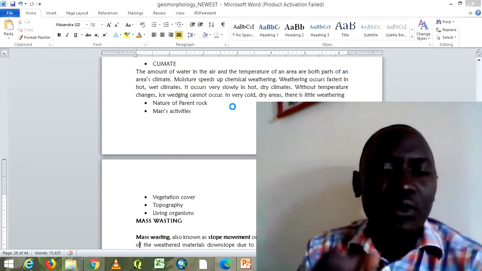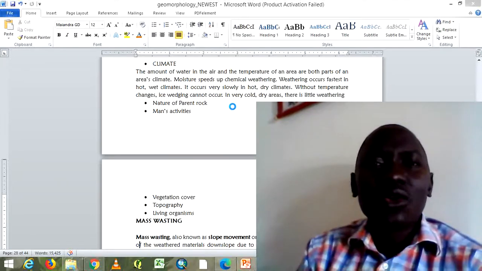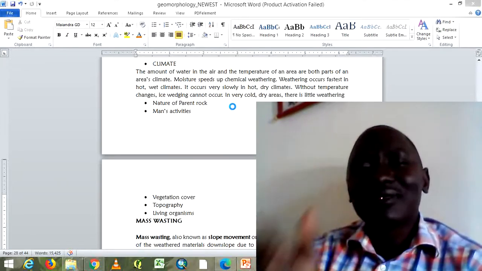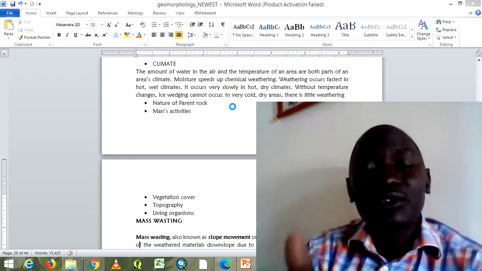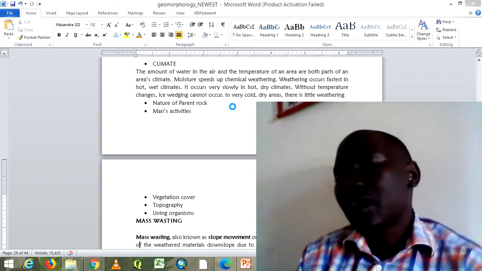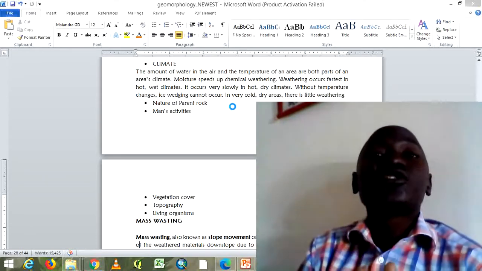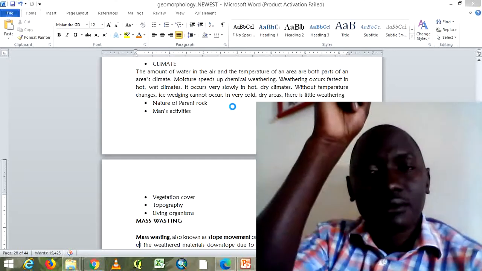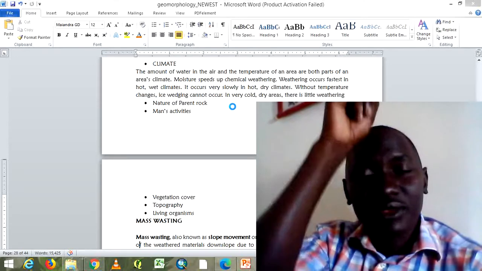We have topography, relief. The rate of weathering on the top of the mountain may not be the same as the one in the valley, because on a steep slope, whichever material disintegrates is moved away to the lower slope, eventually leaving the slope exposed. Remember, we said the source of energy for the weathering process is the sun.